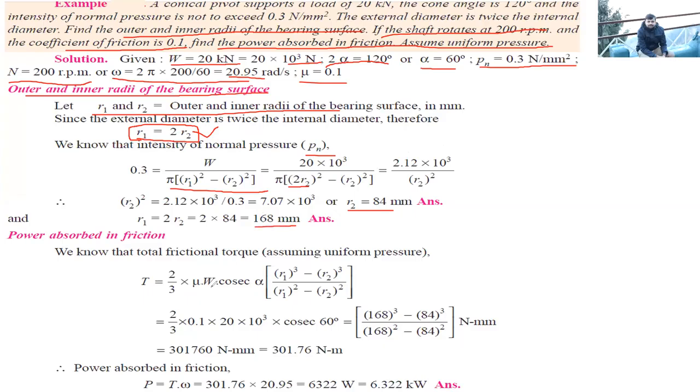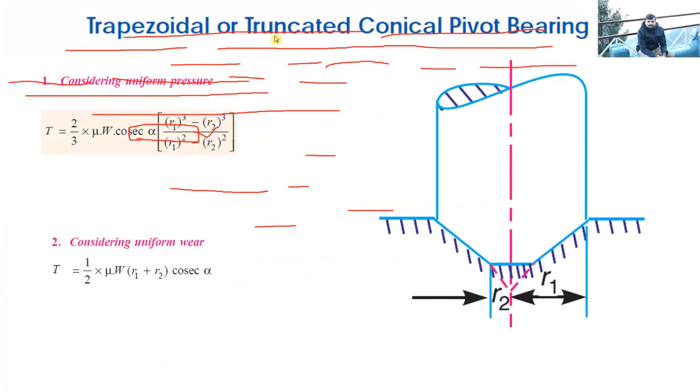Now we have to calculate the power which is lost in the friction. So first we have to calculate the torque. For a truncated conical pivot bearing or trapezoidal conical pivot bearing, we know that for uniform pressure theory, this is the formula.